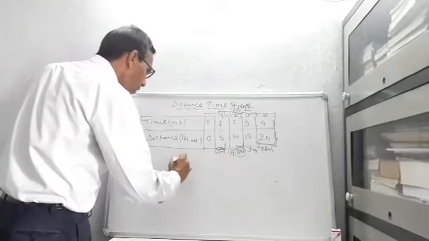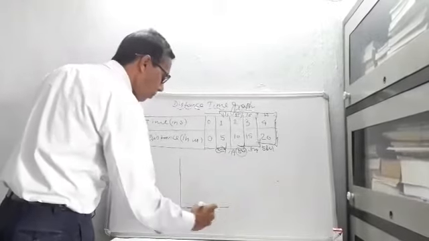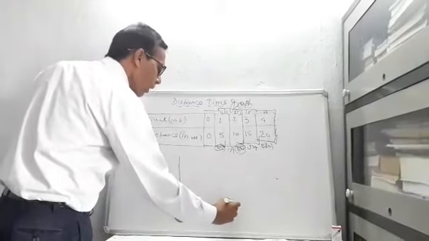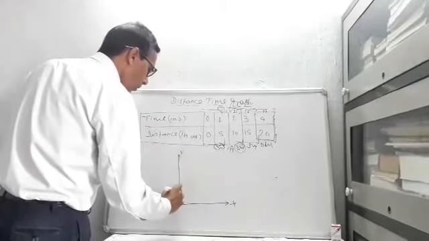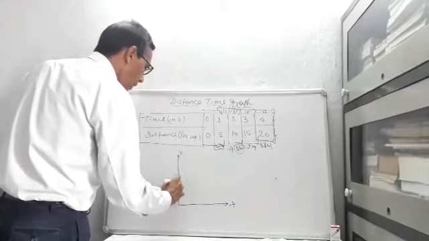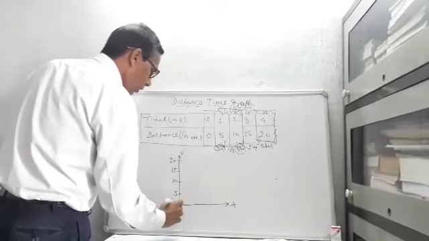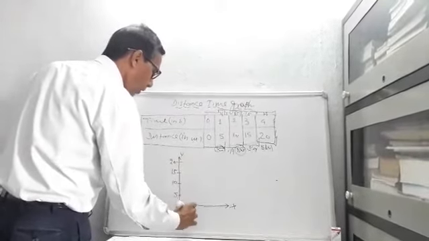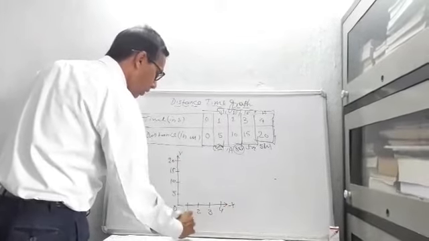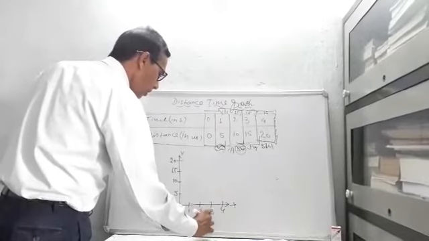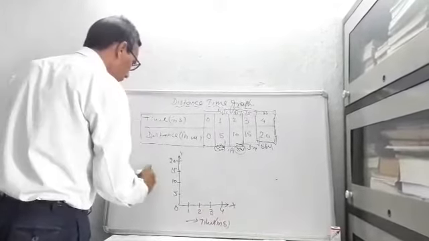You plot a graph, x-axis, y-axis. Here 5, 10, 15, 20 and 1, 2, 3, 4. Here time in second, and here distance in meter.